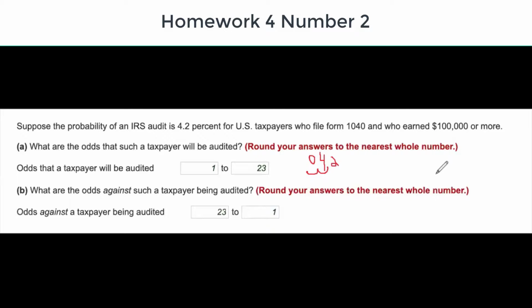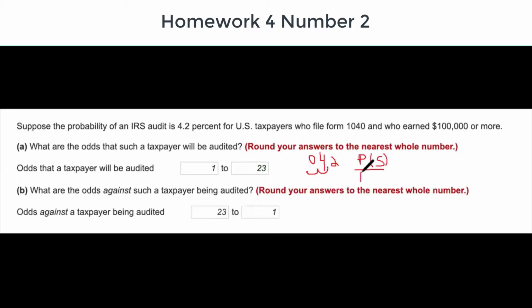Now, the little formula to find the odds of success, and I know that's not success if we were audited, but we just use that language here. So the odds for being audited, we want the probability of success, and I'm just going to write S here because that's easier than writing success with my mouse, divided by the probability of failure.